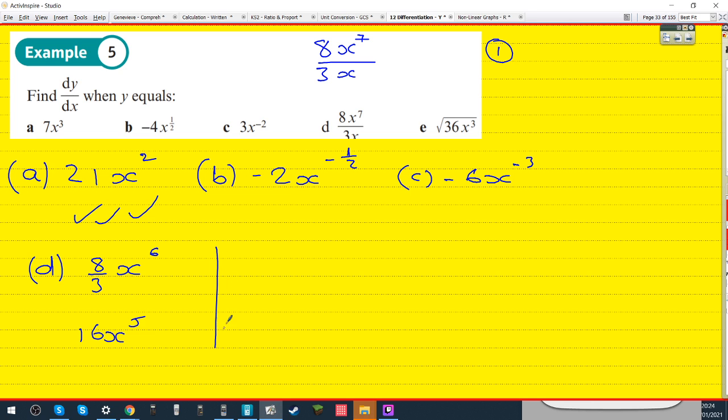Any idea how you do E? So you'd get 6x to the square root, that is to the 3 over 2. Square root is the same as power of a half. So it'd become 3 over 2, which is 9. So it'd be 9x, and then minus 1.